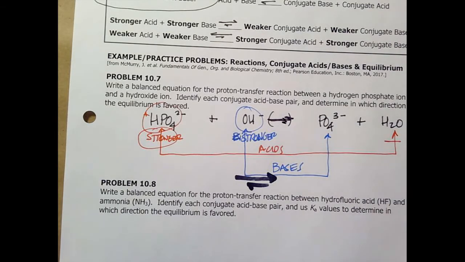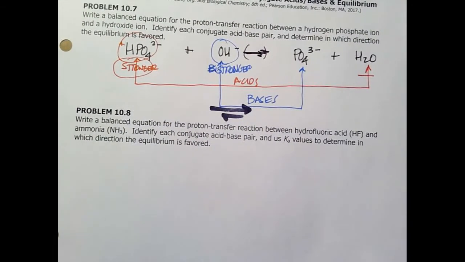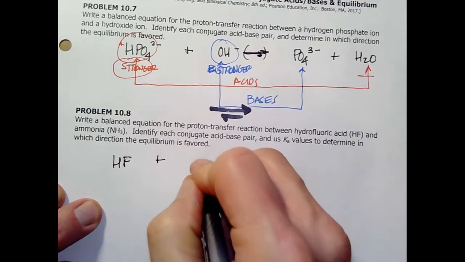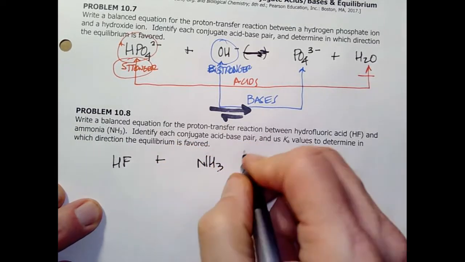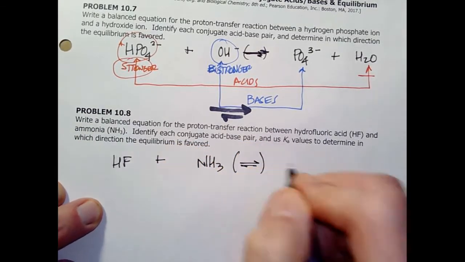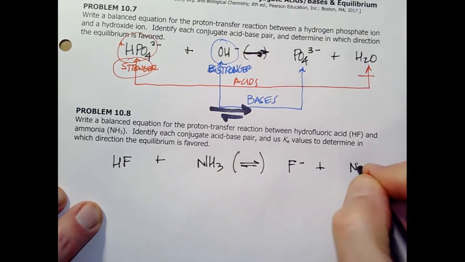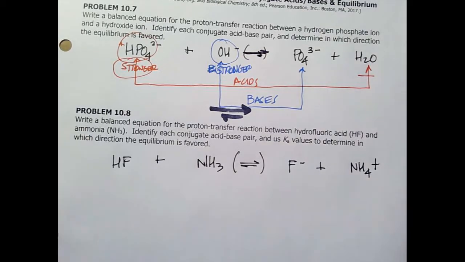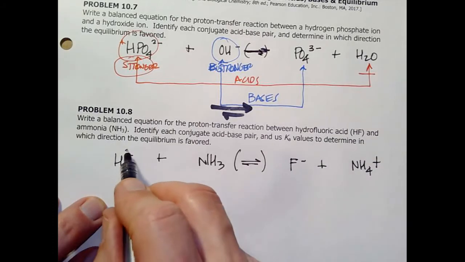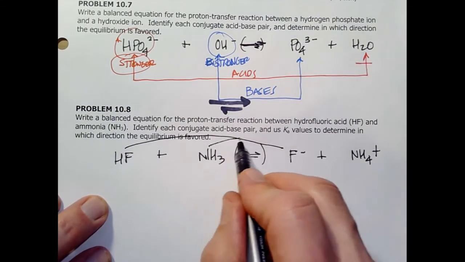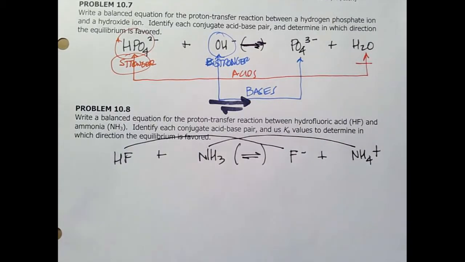Same thing for this problem. What's the reaction between HF and ammonia? Now, that's weak and weak. I don't know what it's going to look like. F minus plus NH4 plus. The conjugate pairs then, of course, are: there's a conjugate pair, and there's a conjugate pair.